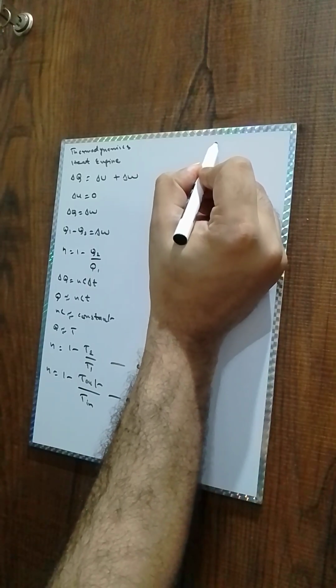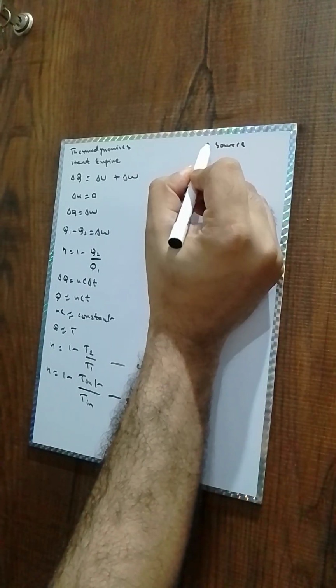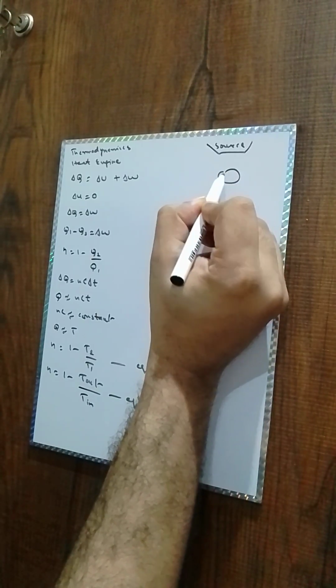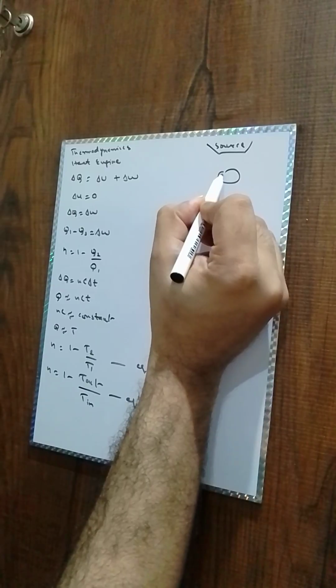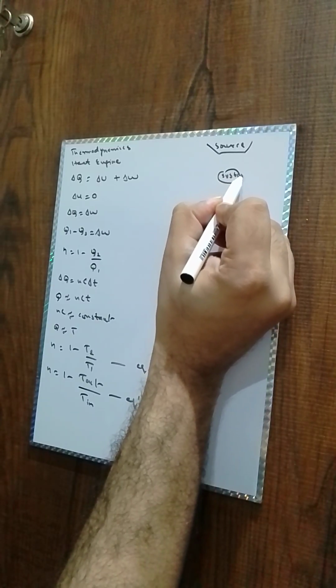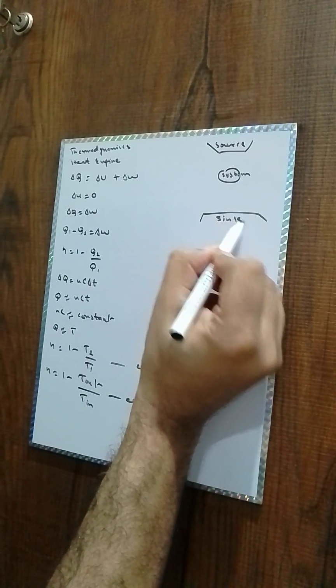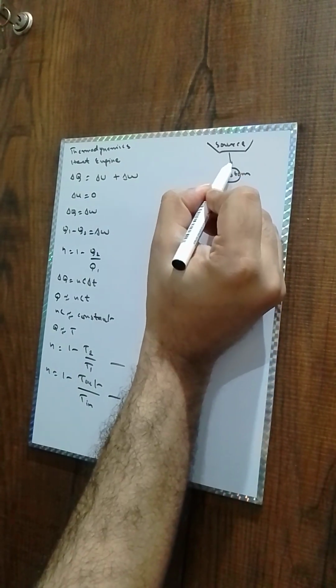So basically, schematically putting it, source of heat is somewhere here, and we have a system working here. Yes, this is the system. And now we have the sink here, sink.